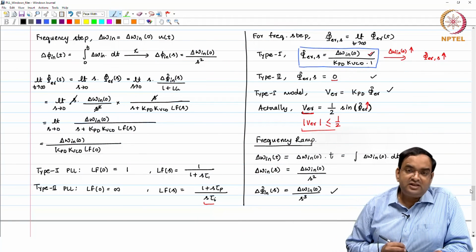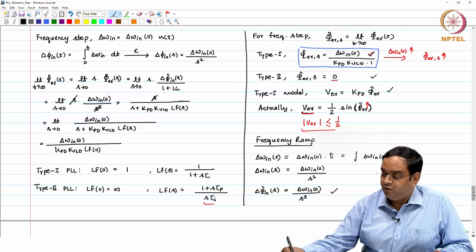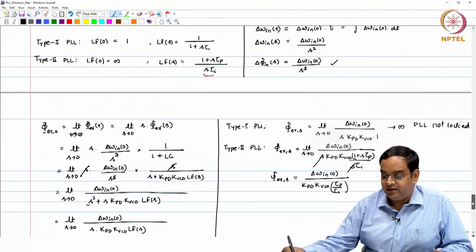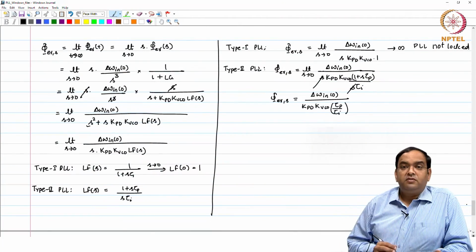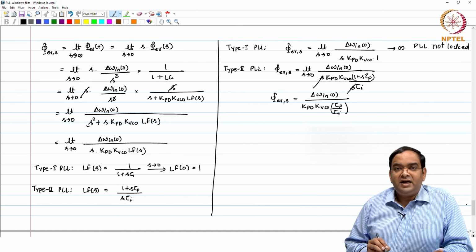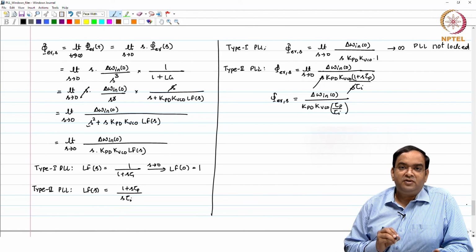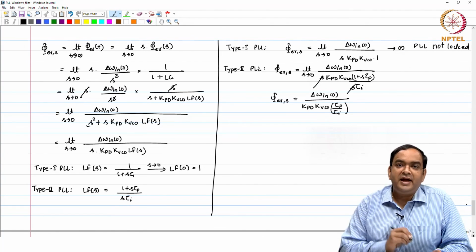For frequency step, type 1 PLL has fixed phase error and type 2 PLL has 0 phase error. For frequency ramp, type 1 PLL loses lock as the phase error tends to infinity, whereas type 2 PLL has fixed steady state phase error.